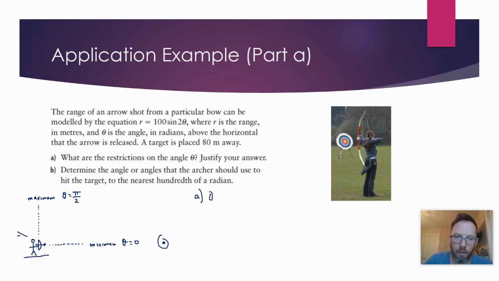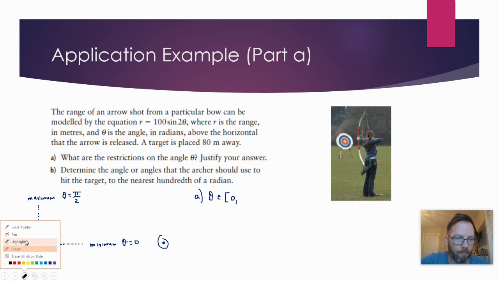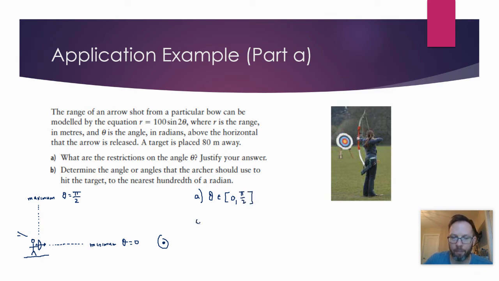For A, theta must be between 0 and, not 2 pi, pi over 2. Okay, we justified that with a little diagram. And for B, we're trying to hit a target 80 meters away. So how high should we aim our arrow? We're going to set R to 80.